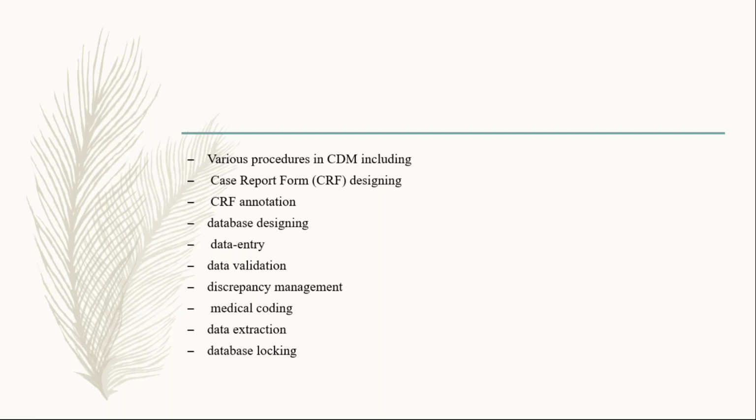Then on the case report form, we have to use various symbols or short forms, which are called CRF annotations. When you prepare CRF annotations, there are different resources available, so CRF annotation is done based upon these standard resources.